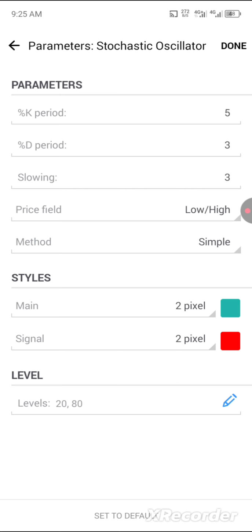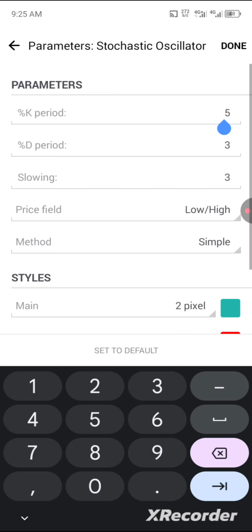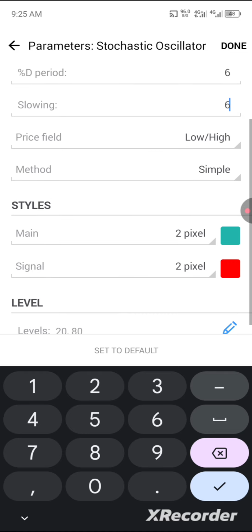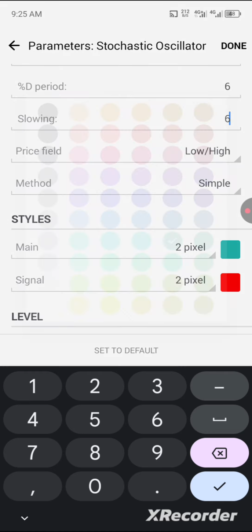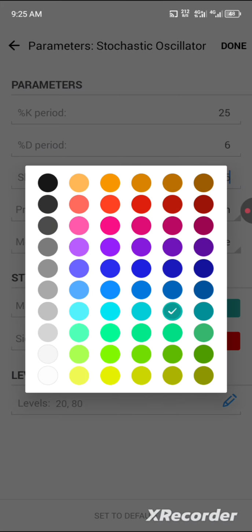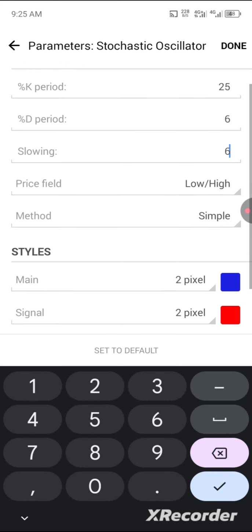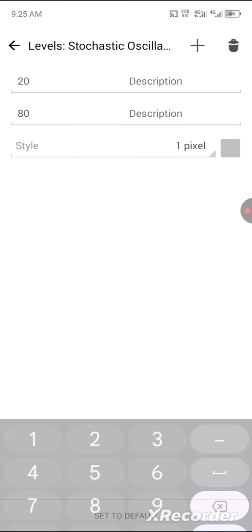Let's edit it. Let's make it 25. Let's make this 6. Yeah, 7. You can set your own different way, but this is my strategy, so this is how I set it. Let's change the color and the level.